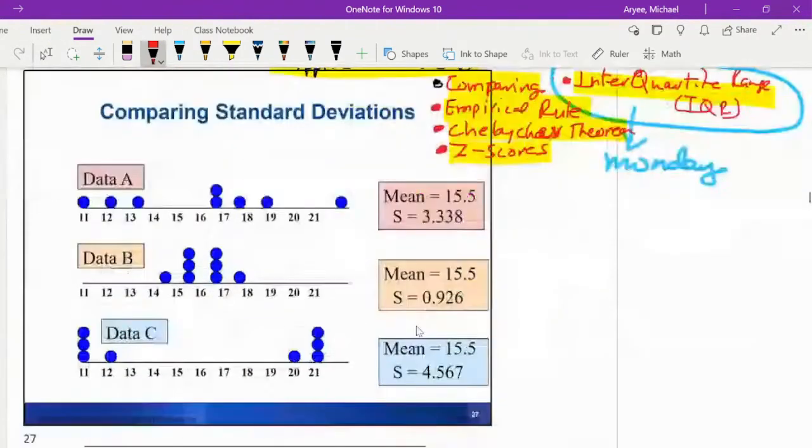Okay. So let's start with the idea of comparing standard deviations. It makes a lot of sense when we think about social distancing, right? So we should be some inches apart from the other person.